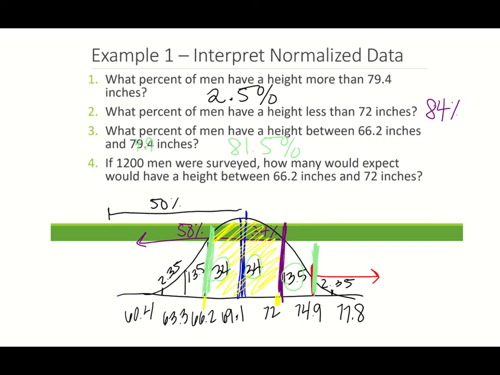So 68% of men fall between these two height ranges. Well, if I have 1,200 men, I want to know what's 68% of that. So I take 1,200 times 68%, 0.68, and that's going to give me how many men you would expect to have a height in that range, and that would be 816 men.